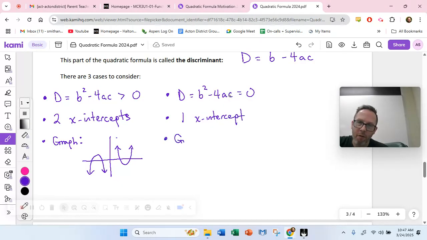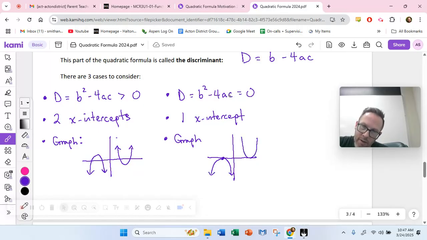What does that look like for the quadratic function? That's where the parabola just kisses the x-axis. A little love tap, and then goes back up like that. Little caress. All right. I'm running out of adjectives.